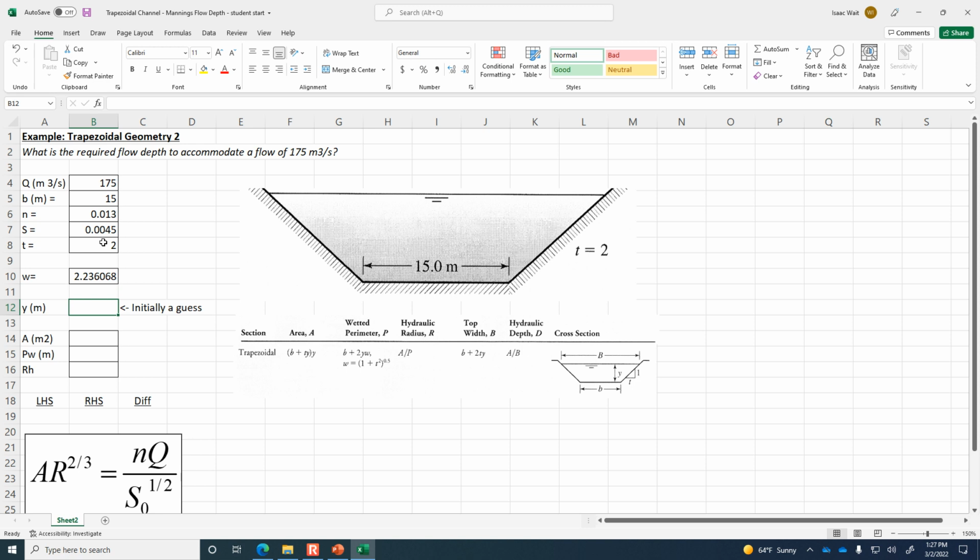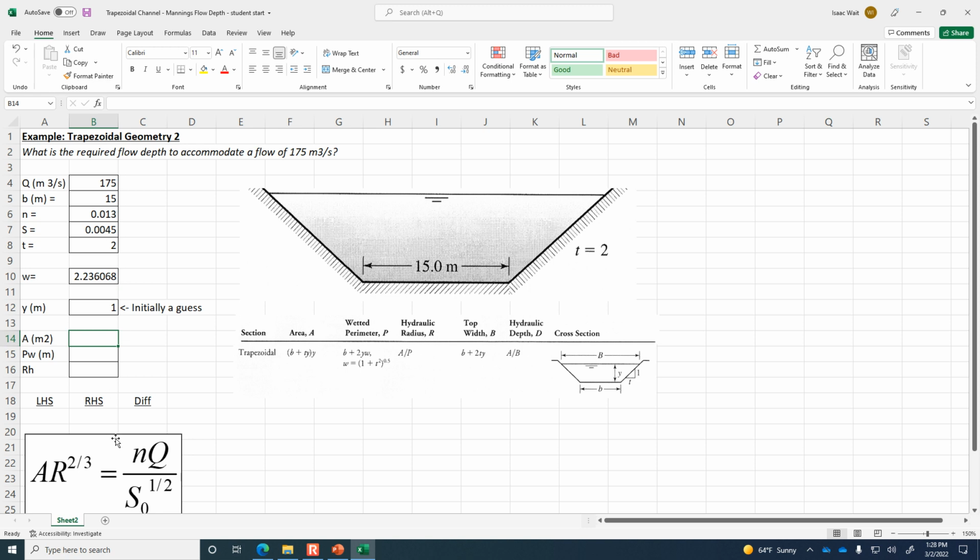And even for the unknown that you're trying to solve for, you still have to give it an initial guess. And hopefully it should be a guess that's relatively close to what's accurate. If, he was saying, you give it a negative value or a nonsensical value, it may converge on a different root of the equation. But let's just say that the flow depth is 1 meter as our starting guess.